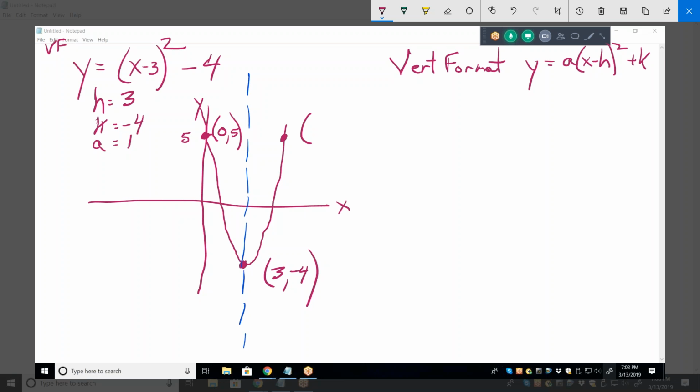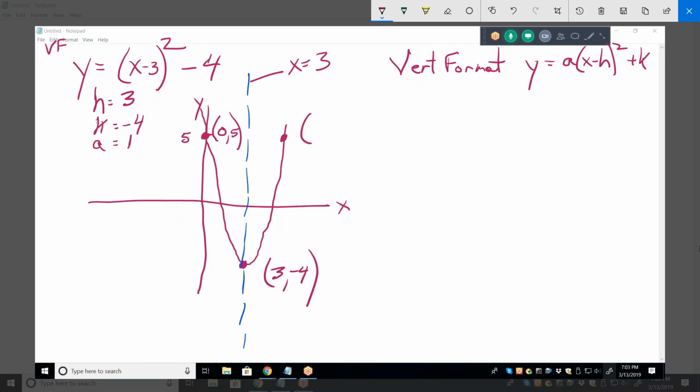And so how far away is 0 from that blue line? Make your eyes look left and right, not up and down. It's the difference between the x-coordinates. This blue line is x equals 3.